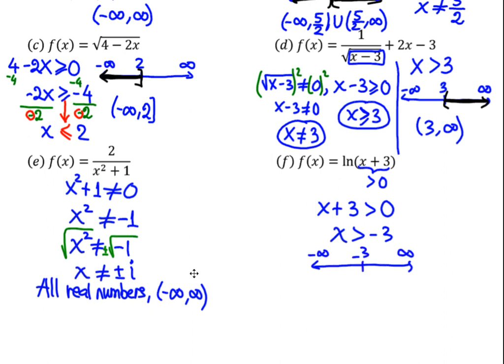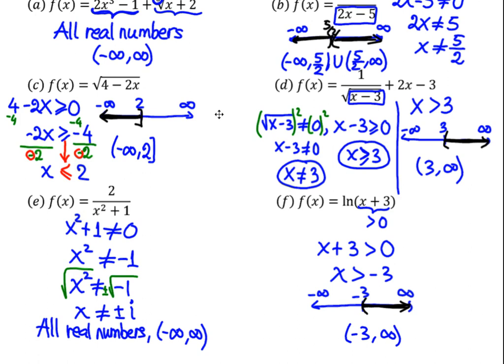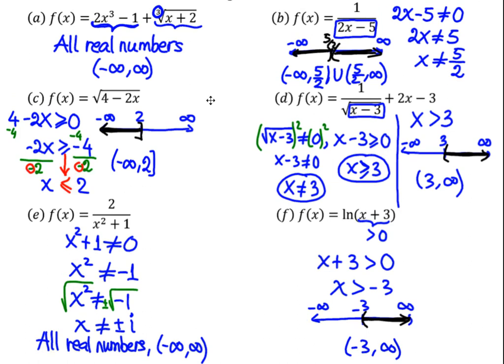So it is greater than negative 3, not equal to. And that's what we have. So these are some examples about the domains of some common functions.